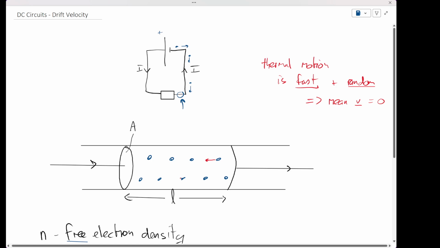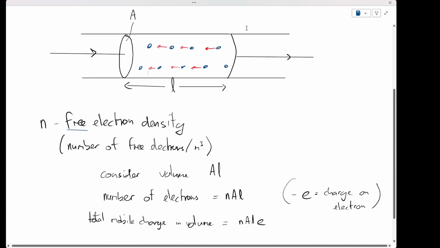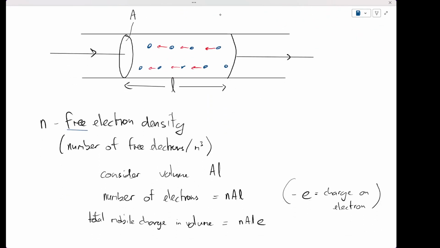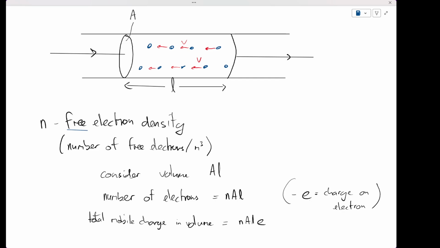Conventional current to the right, transfer of charge to the right, but negatively charged electrons. So these electrons will find themselves all moving to the left. And we define their average velocity as the drift velocity. So the drift velocity, v, is just that overall, that net migration of these electrons to the left.